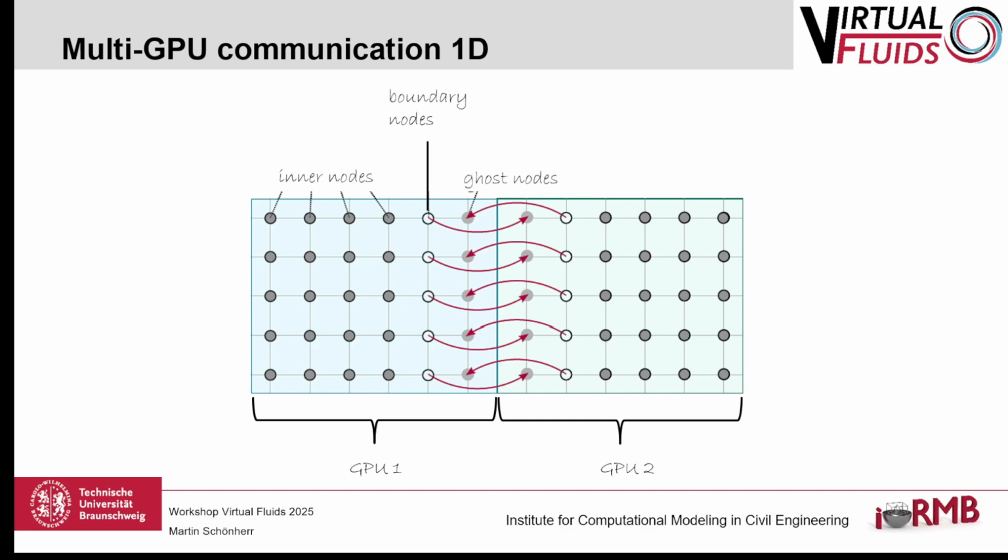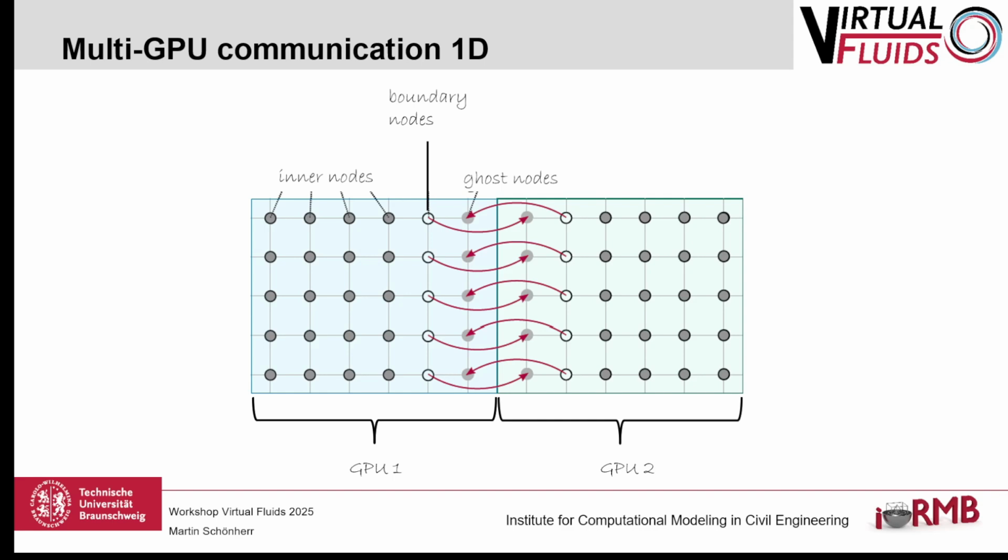And the ghost nodes are automatically there. Here, in that grid, the ghost nodes have to be added, because usually you don't need ghost nodes. So VirtualFluids adds these ghost nodes when you say that you want to run it on several GPUs.